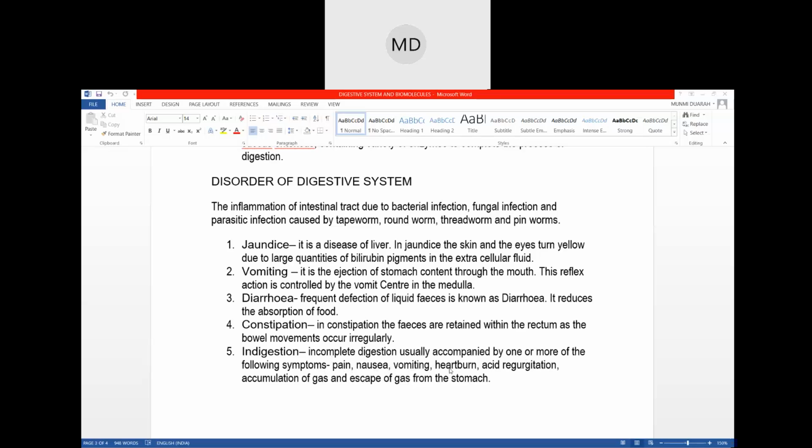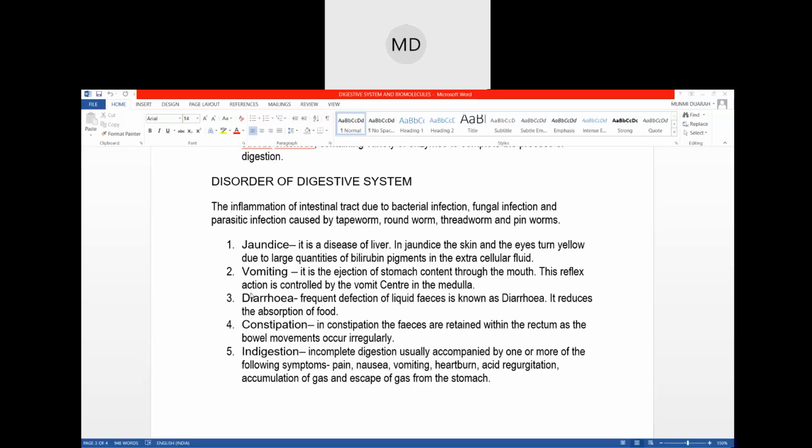Sometimes just pain, nausea, vomiting, or heartburn might occur. So these are the 5 diseases associated with the digestive system.